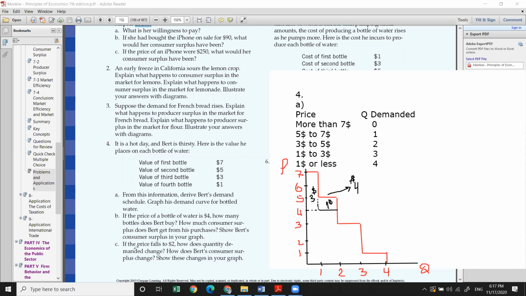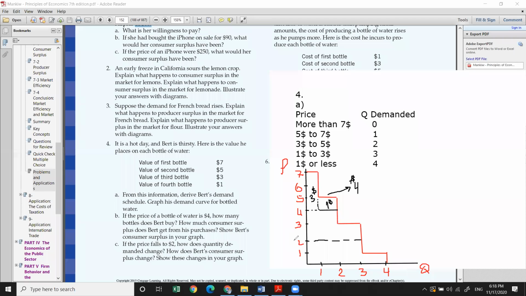If the price falls to $2, how does the quantity demanded change, and how does the consumer surplus change? Show these changes in the graph. If the price falls from $4 to $2, how many bottles will he buy? 3 bottles.